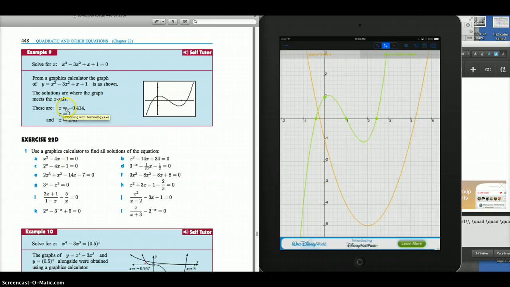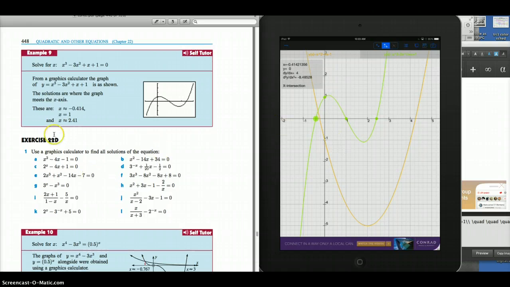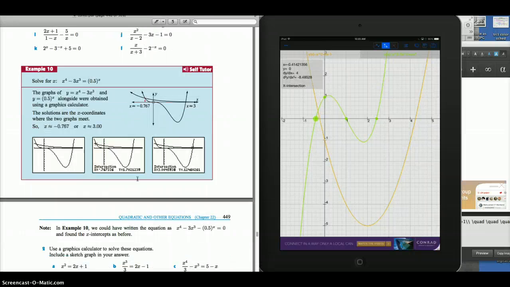Notice how there's a squiggly equal sign for the 2 that are decimals that they've rounded to 3 sig figs, and there's a real equal sign on the 1. Because if you look at this, this is the 1, right? X equals 1 here. X equals approximately 2.41, and x equals approximately negative 0.414. And that's their numbers here. Okay? So that's this first section, very straightforward.